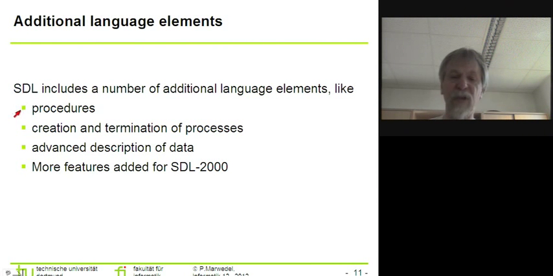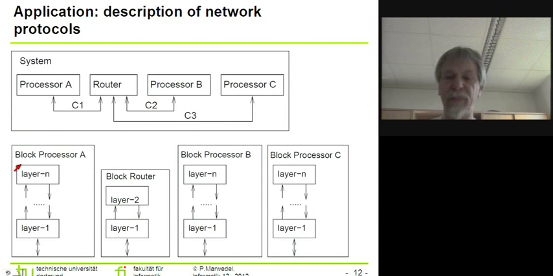These additional language elements include procedures, facilities for creating and terminating processes, and facilities for the advanced description of data. We will see some simple examples of that a little later. Even more features were added for SDL 2000, removing some of the earlier restrictions.